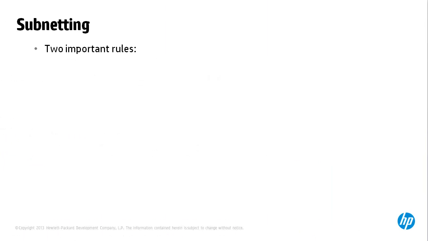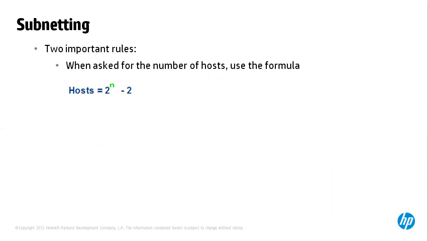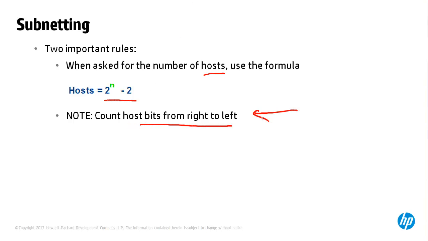Here are two important rules to remember. When asked for the number of hosts, use the formula 2 to the n minus 2. I've already demonstrated this formula in the previous example when I worked out the number of hosts available on a Class A network. But remember, please, to work out the number of hosts, use the formula 2 to the n minus 2. And also note that you count host bits from right to left.